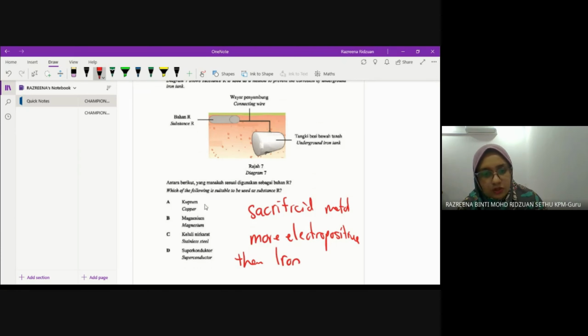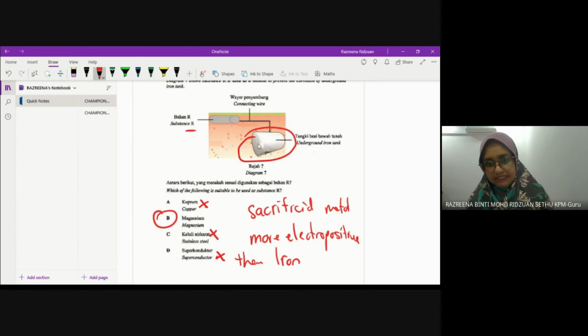So not copper, magnesium. Stainless steel, no, because instead of using stainless steel as substance R, you should have made the underground tank with stainless steel. But because the tank is already down here, maybe it's more expensive to replace it. So we use substance R as a sacrificial metal to save the underground iron tank so that it does not rust.